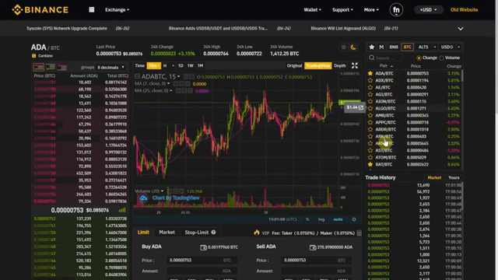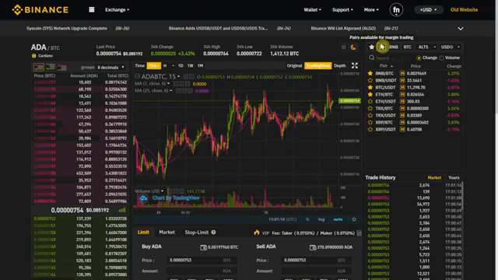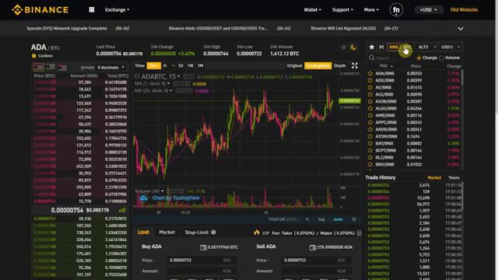Over here you have the pairs, the coins that you may buy or sell. You have a filter for your favorites. This is one of the new things they're developing, the margin trading. I haven't seen this before, but apparently you can use margin to trade all these pairs. That's nice to know. I don't use margin at all. And here you have the BTC pairs.